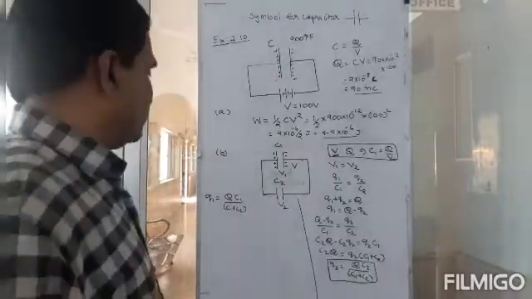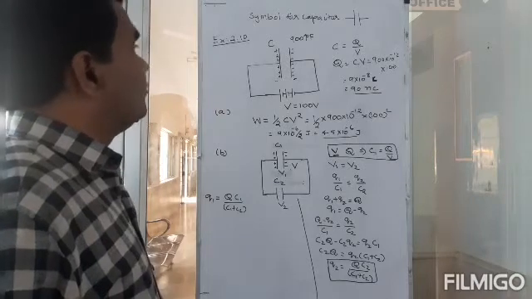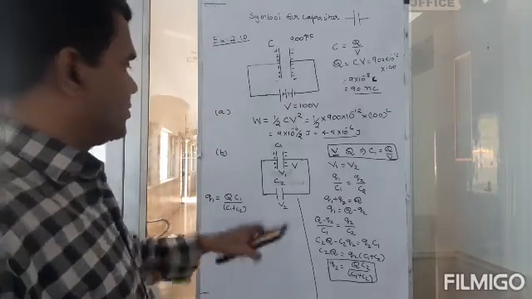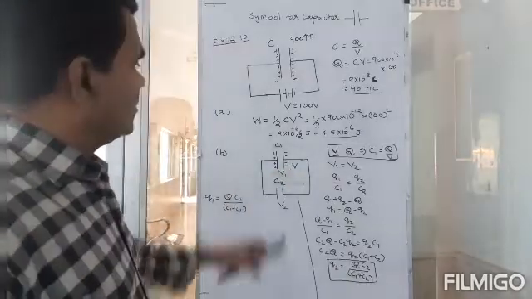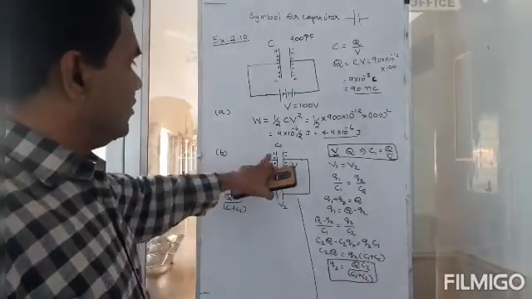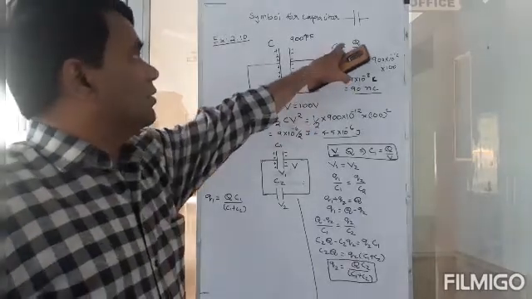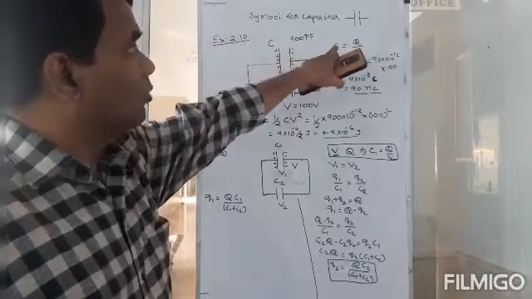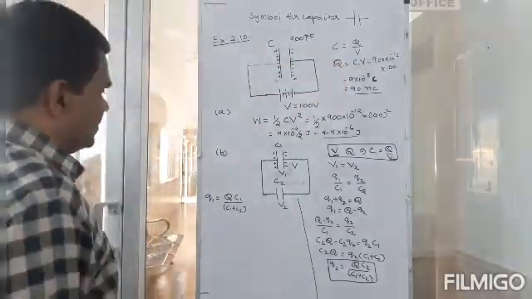Okay. So what would be the voltage across these? C1 into V1 will give me Q1, but V1 will be Q1 by C1, right?